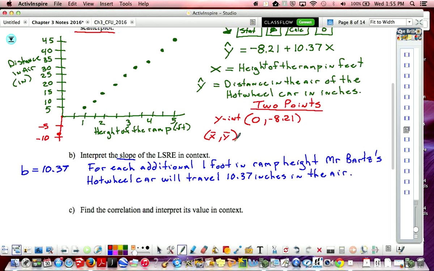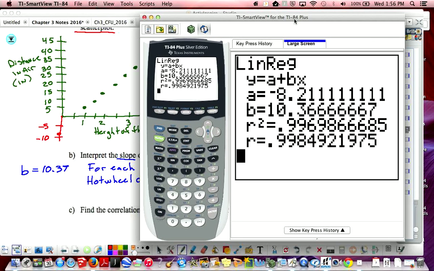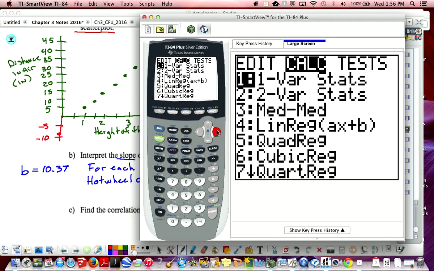Well, I have my data in my calculator, which is nice. So what I can do is go stat, calculate, and instead of doing one variable statistics, I can go down to number 2 and do 2 variable statistics because I have a relationship here between x and y. In the past, when we tried to do it with one variable, it wouldn't work because we had more data points of one and the other.